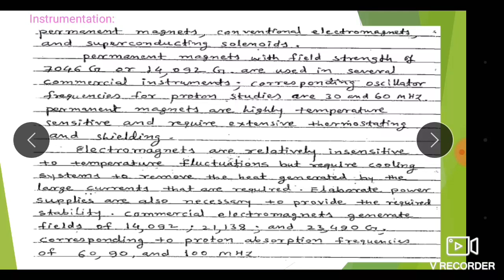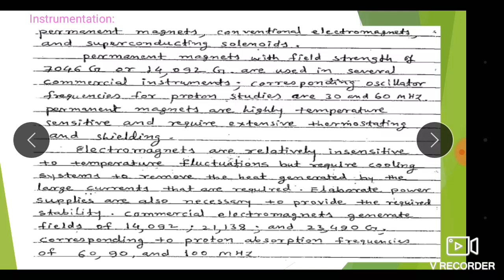Permanent magnets are highly temperature sensitive, so they require extensive thermostating and shielding.